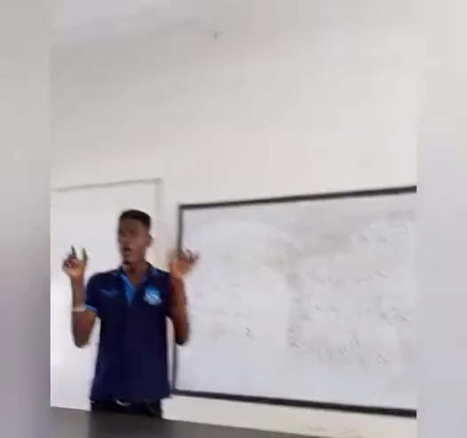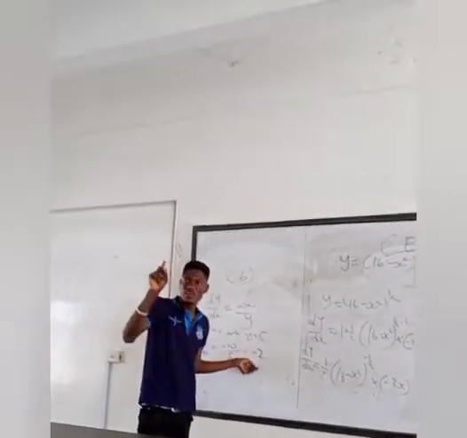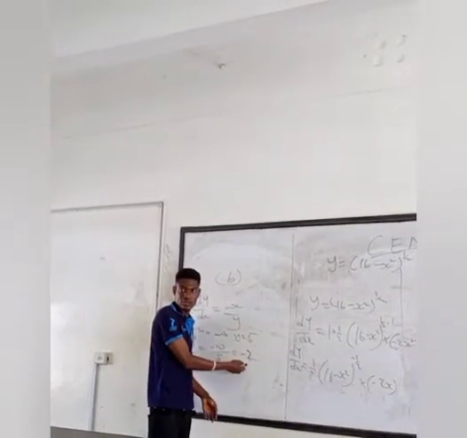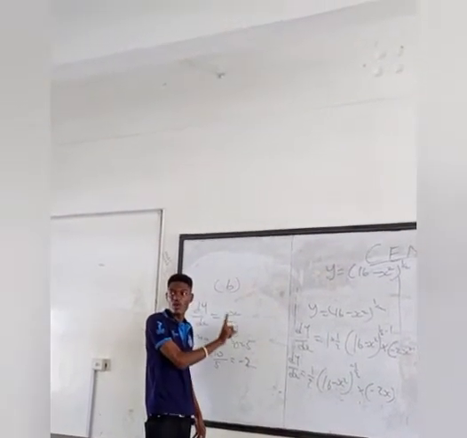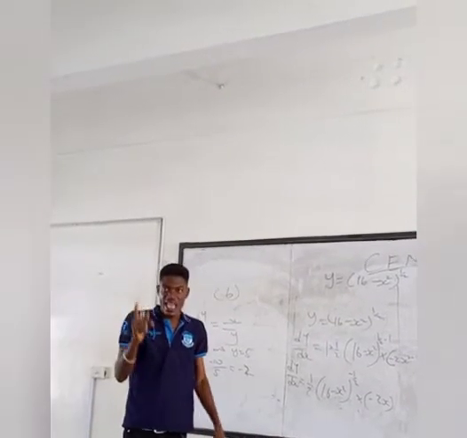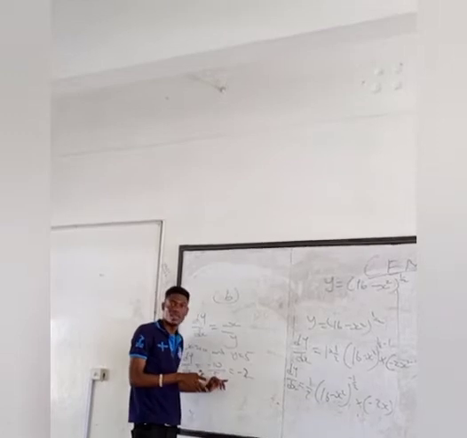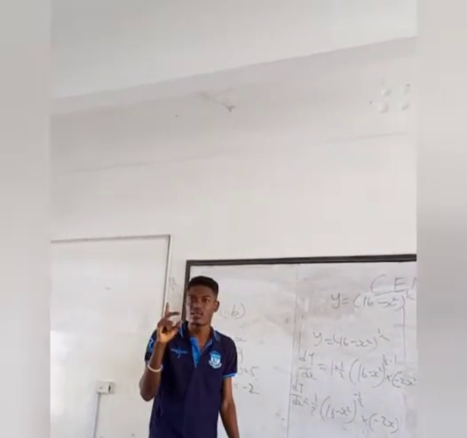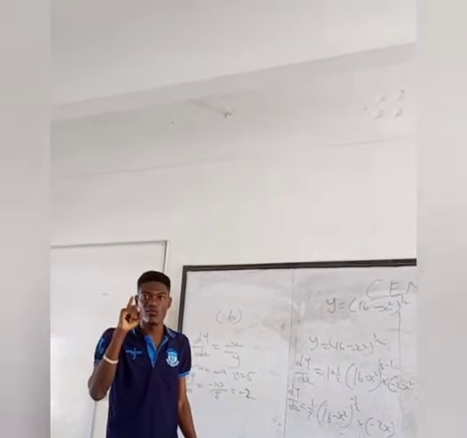If it is x and y, for 1 unit of x to be produced, there must be a sacrifice of 2 units of y to produce that 1 unit of x. If 1 unit of y is to be produced, there must be a sacrifice of 2 units of x to get that 1 unit of y.